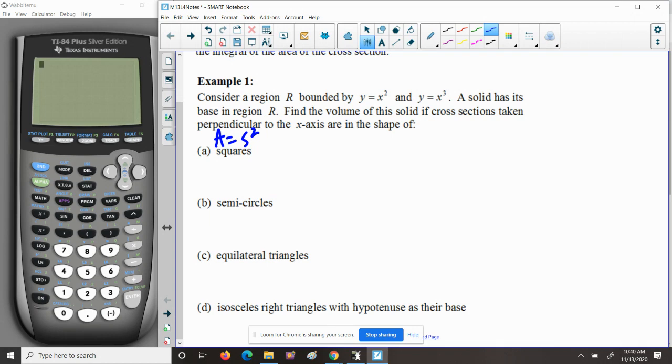We always want to still be thinking about how we had upper and lower when we were finding area between curves, because the side that's sitting in the region for all of these problems is going to be upper minus lower. The length of that side will always be upper minus lower. So let's think about our region. We have x squared and x cubed.